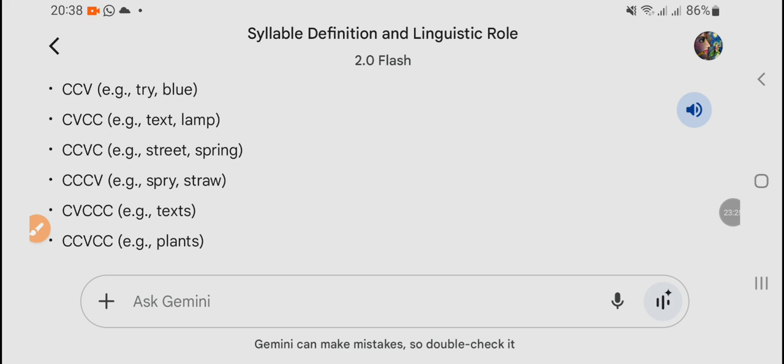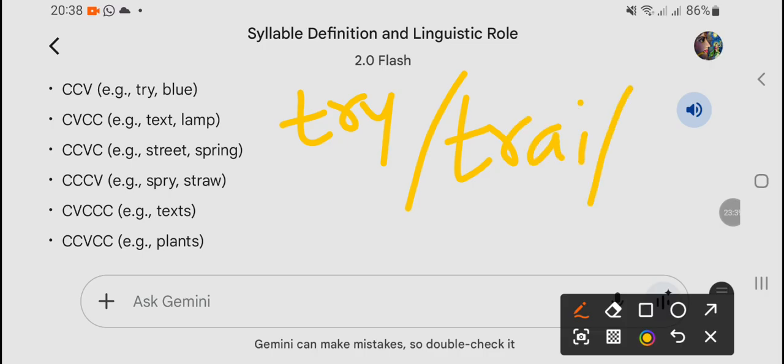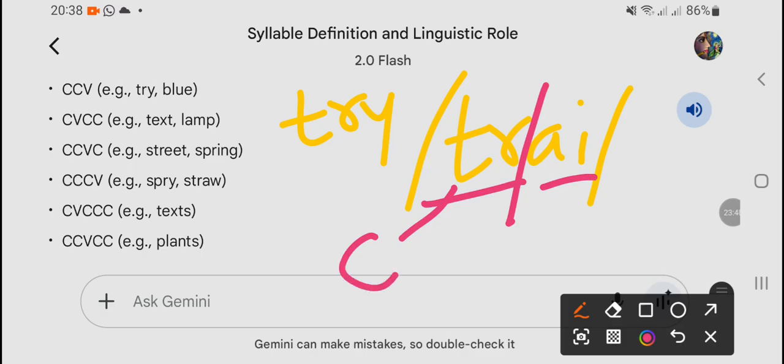CCV. CCV is blue, try. When we write try, the phonetic transcription is try. Here we have T, R and I. I is a diphthong. So consonant, consonant, vowel: CCV.